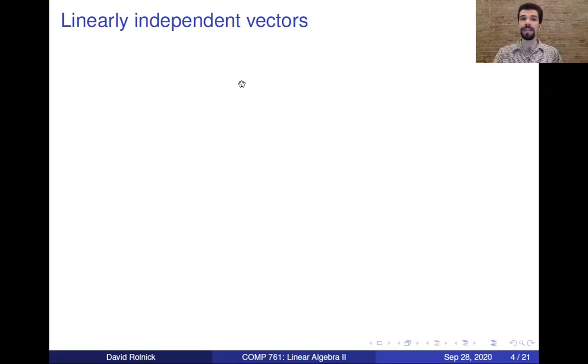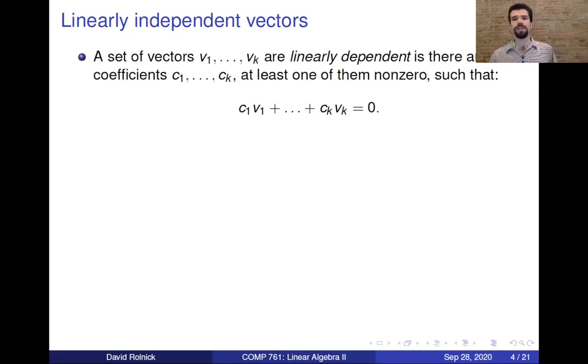Let's start out with linearly independent vectors. This will be really important in a bunch of contexts. A set of vectors is said to be linearly dependent if there are coefficients with at least one of them being non-zero, such that you can combine the vectors to get 0.